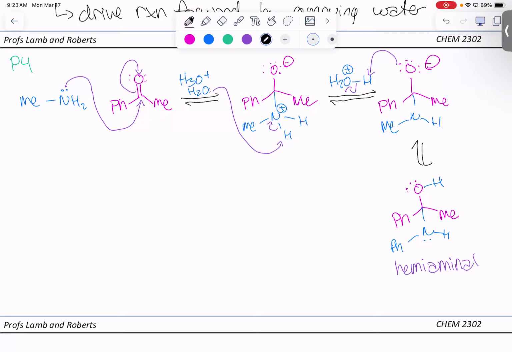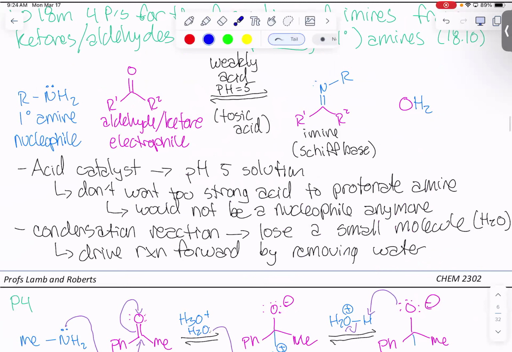Okay, so this follows the same pattern we've seen before, where a nucleophile attacks a carbonyl, then we do some proton transfers to get to an intermediate, right? We saw this in acetal formation and ketal formation as an intermediate. So we can see that this is likely going to proceed through similar mechanisms that we've seen before. In this case, what we're looking for is to form two bonds to our carbon from our nitrogen, and we're also looking to lose a small molecule of water, right?